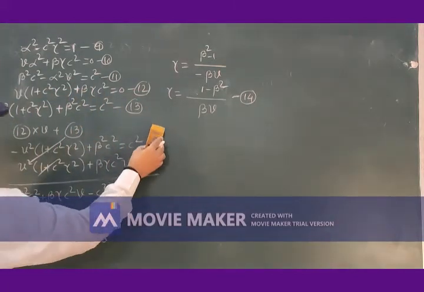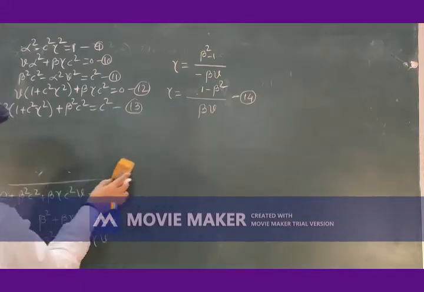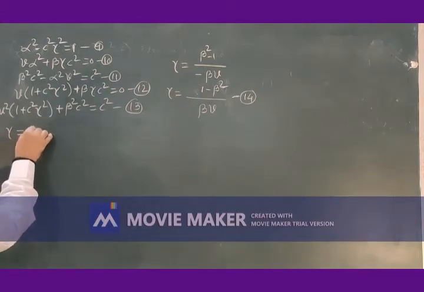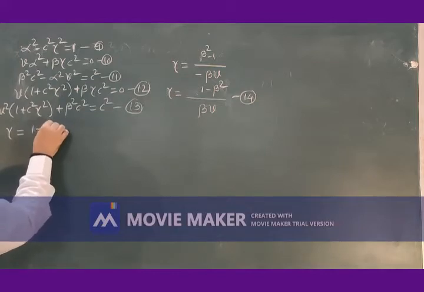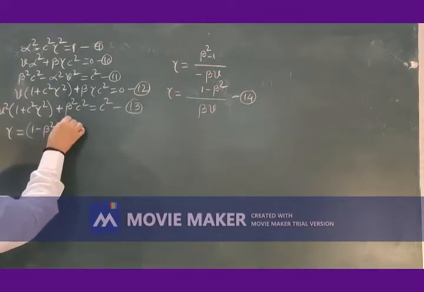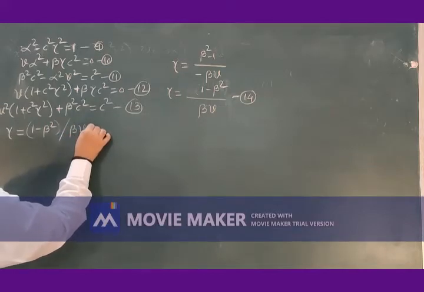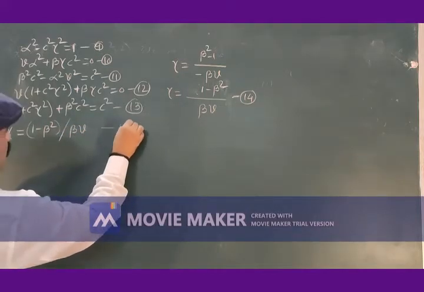Let us write equation 14 here: gamma is equal to 1 minus beta square divided by beta v, equation number 14.